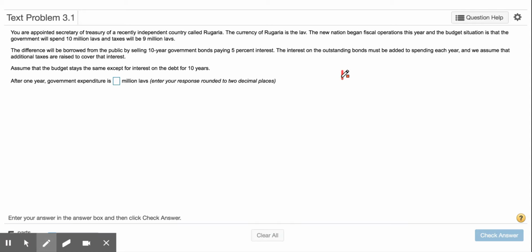So let's call the deficit D. The deficit is 10, which is the spending, minus taxes, which is 9. So it's going to be 1 million.